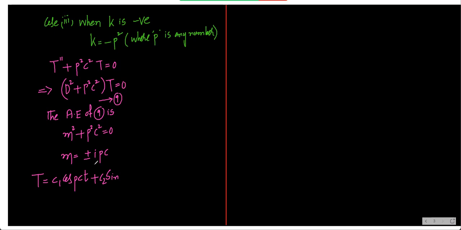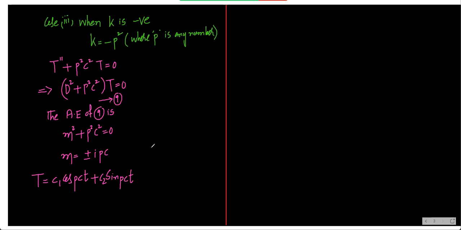C1 cos alpha x plus C2 sin alpha x, alpha plus or minus beta form. If you are getting two complex roots, then the way of writing the complementary function is C1 cos pct plus C2 sin pct. One solution we got, correct?